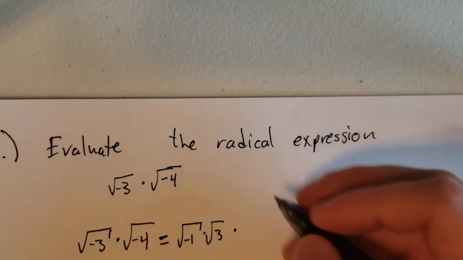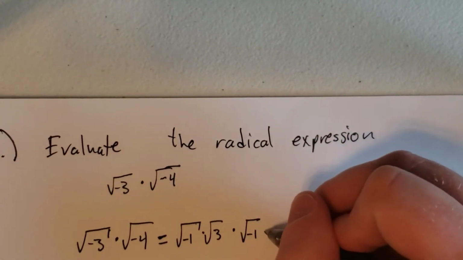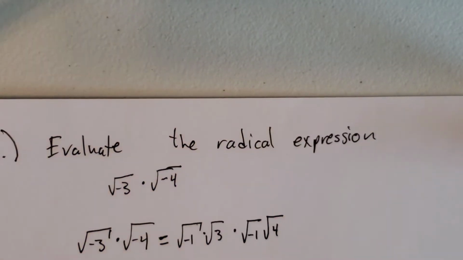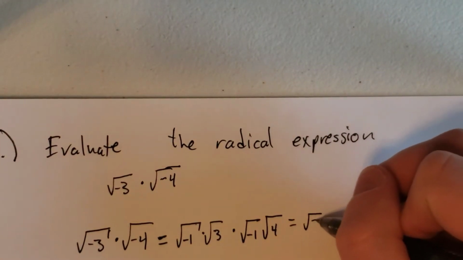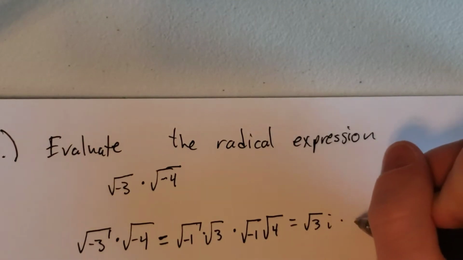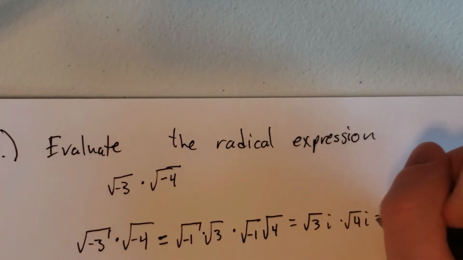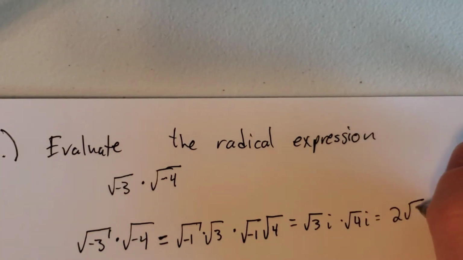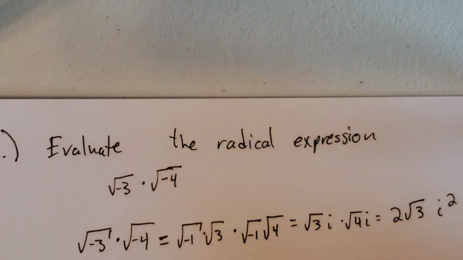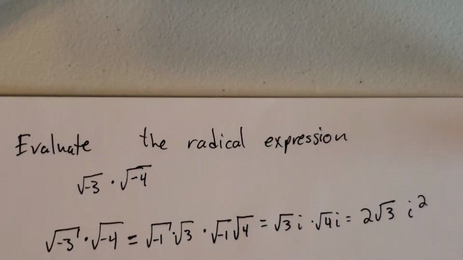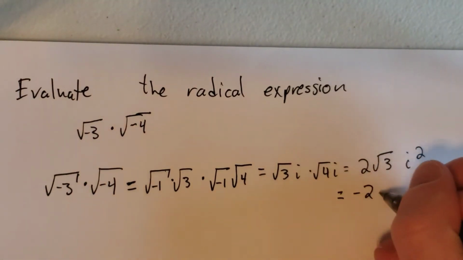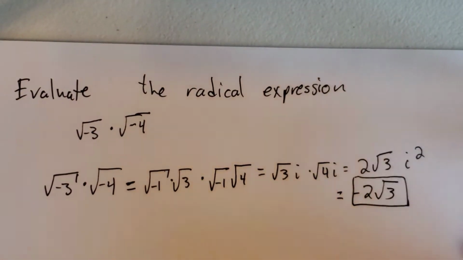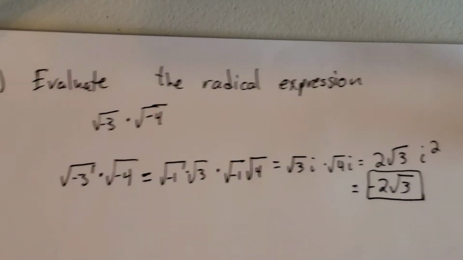And the square root of negative 4 is the square root of negative 1 times the square root of 4, which is equal to square root of 3 times i times square root of 4 times i. Square root of 4 is 2, so this is 2 root 3 times i squared. i squared is negative 1, so this is in fact negative 2 square roots of 3. And that's it for that question.